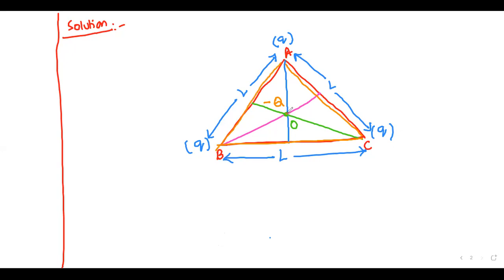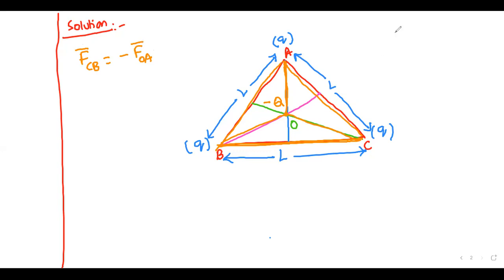With respect to the centroid, we will have a force acting. Whatever force acts between BC is equal and opposite to the force acting from O to A. So I will write F bar CB is equal and opposite to F bar OA.